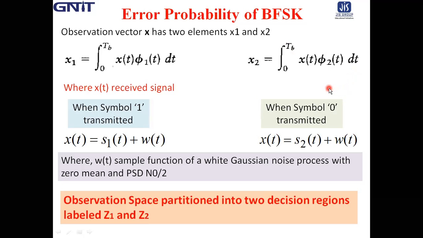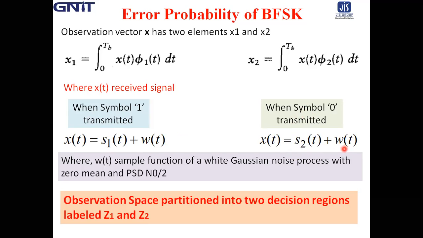Given that symbol 1 was transmitted, then x(t) equals s_1(t) plus w(t), where w(t) is the sample function of a white Gaussian noise process with 0 mean and power spectral density N_0 by 2. If on the other hand symbol 0 was transmitted, then x(t) equals s_2(t) plus w(t).